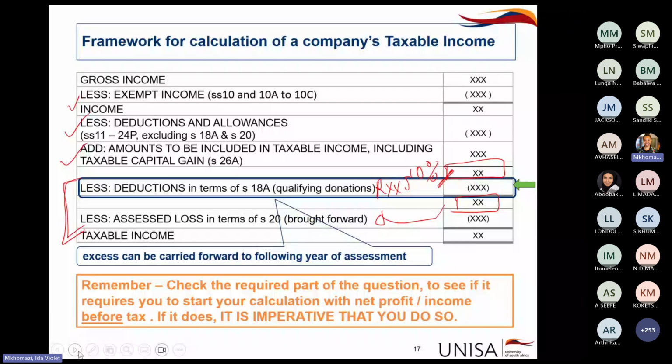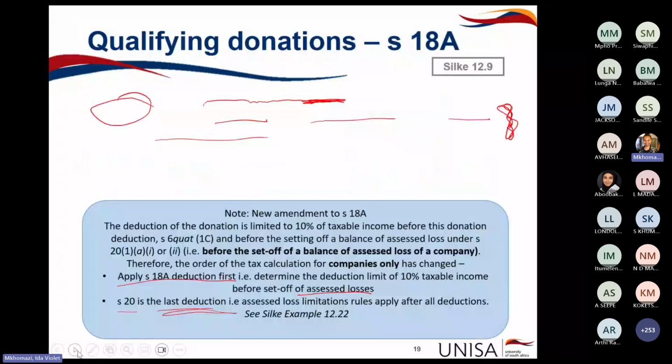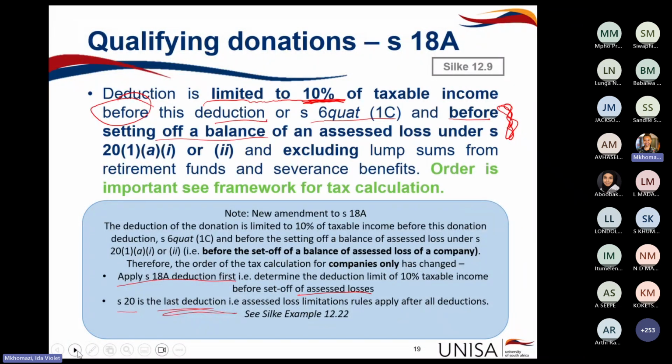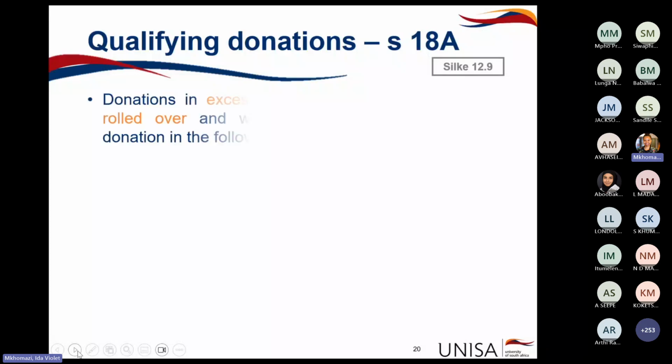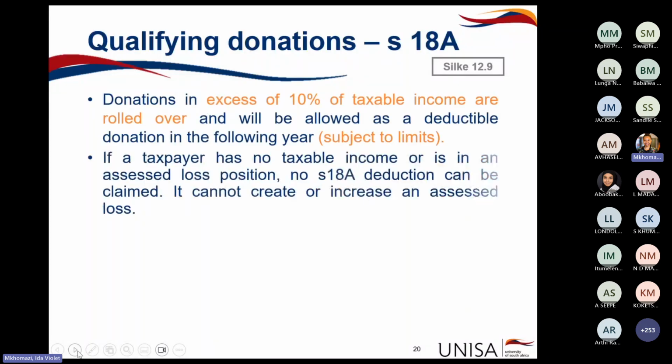So this is where the order has changed that we wanted to highlight for you. So please be cognizant of that if ever you get a question or a calculation that has a qualifying donation and a balance of assessed loss. Then the last thing on donations, just remember that any donations in excess of 10% of taxable income are carried forward to the next year of assessment.